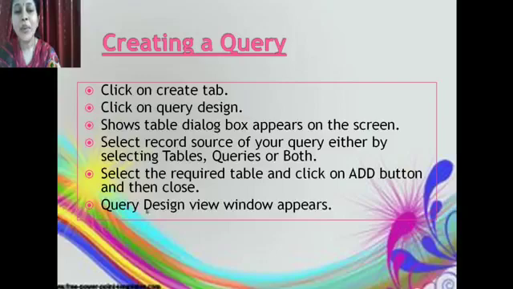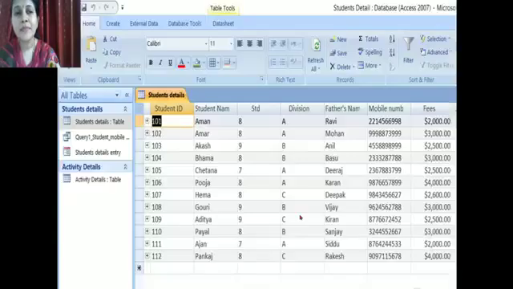Then the query design view window appears. The table box you have to close. Then the query design window appears. You can see my Access database.